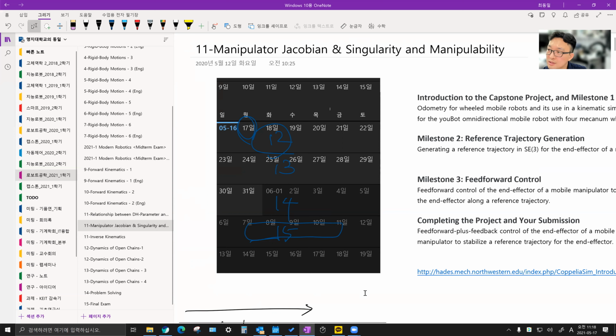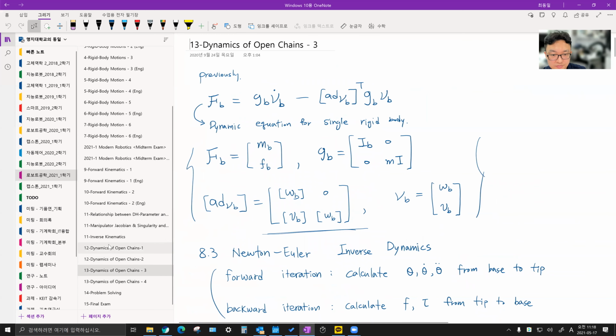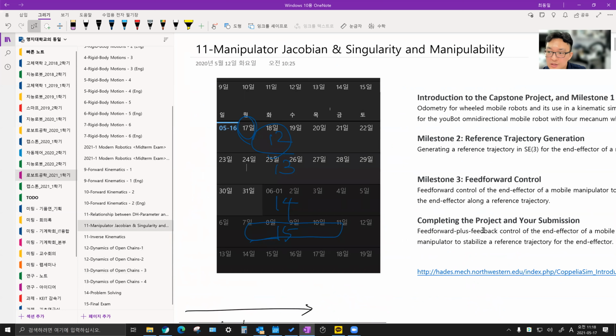Dynamics is one of the very important topics in this class, so I will finish dynamics through weeks 12 to 13, and then we will take an exam here.